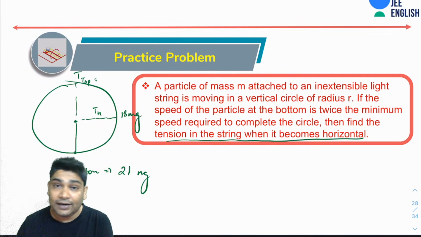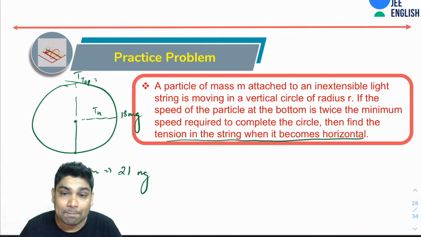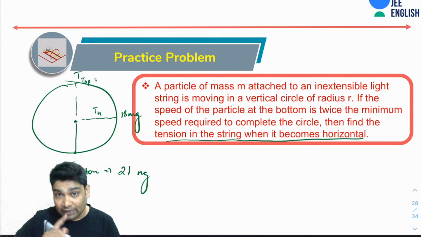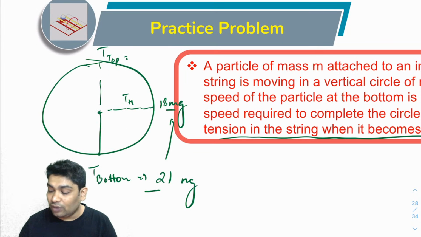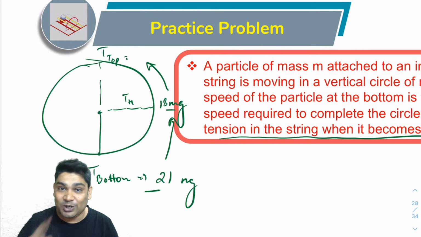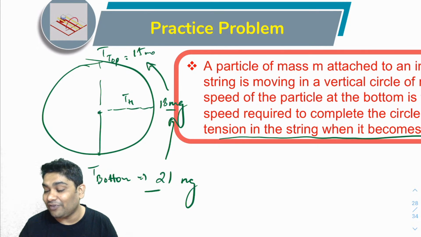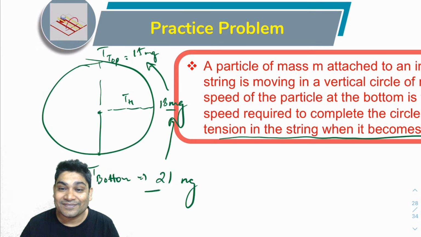Now I could have directly told you what the T at top would be. This is a trick, remember this. From bottom to horizontal, you see the tension has gone from 21 to 18. So it has decreased by 3 mg. From here to here also it will decrease by 3 mg only. So the answer directly would be 15 mg. Okay.